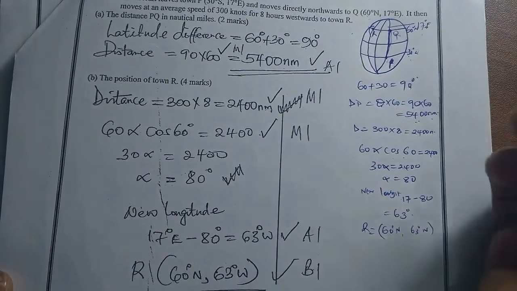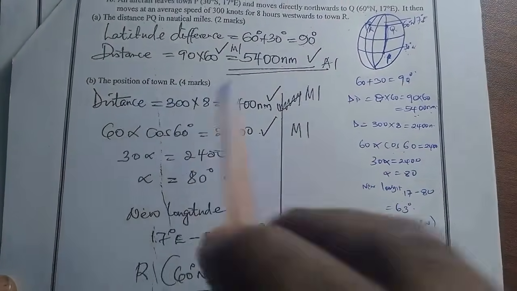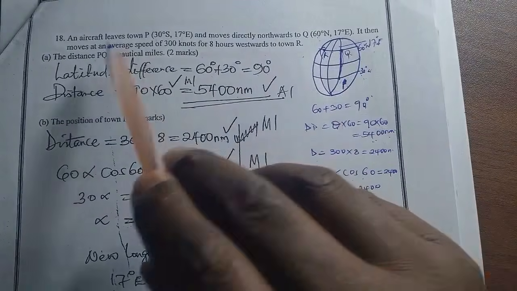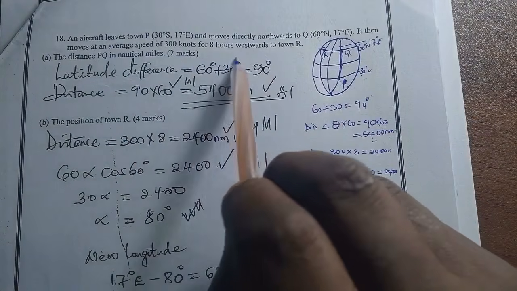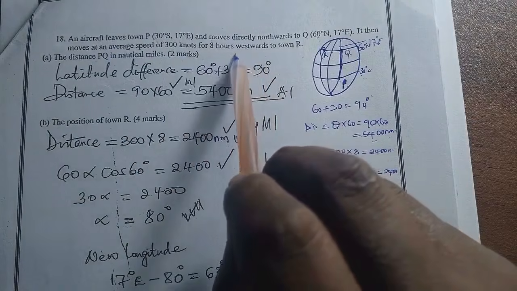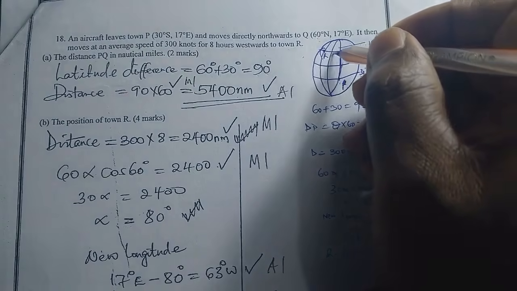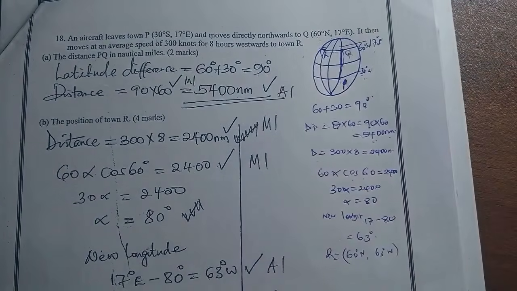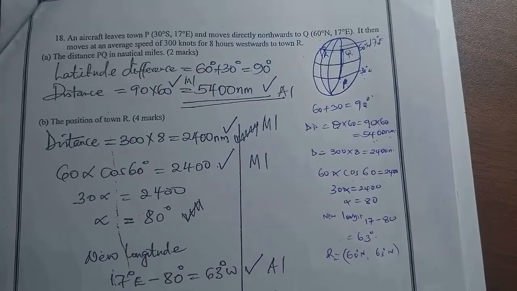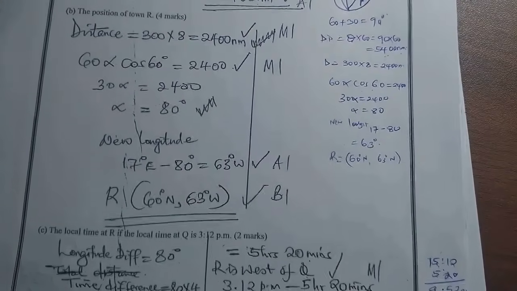Now the position of R. When you read here, it then moved at an average speed for some hours westwards to R. So after reaching Q, it went to R. It is important that you sketch. You sketch and try. Can you try this one?